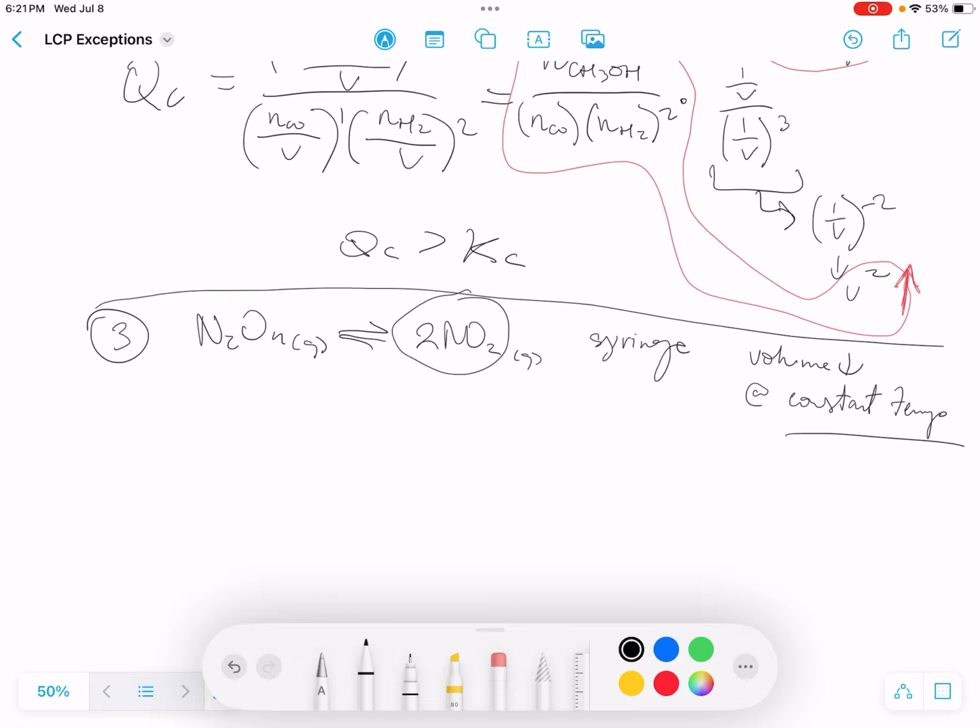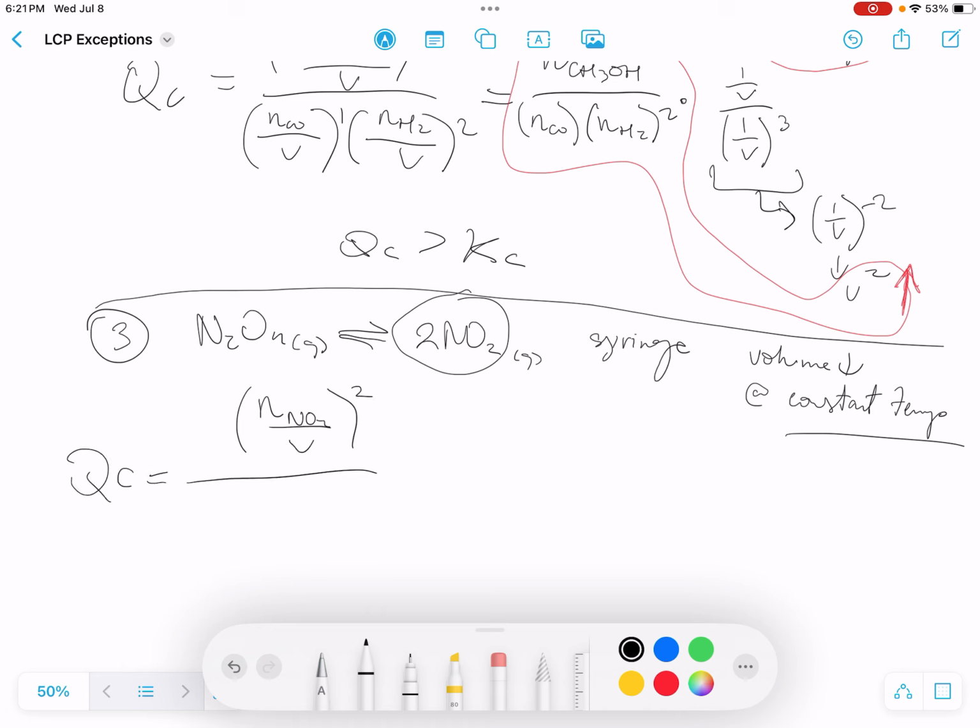So what we're going to do here is we're going to do kind of the same process once again. Same process. So the moles of NO2 over its volume, that's squared, divided by the moles of N2O4 divided by the volume, is equal to Qc.